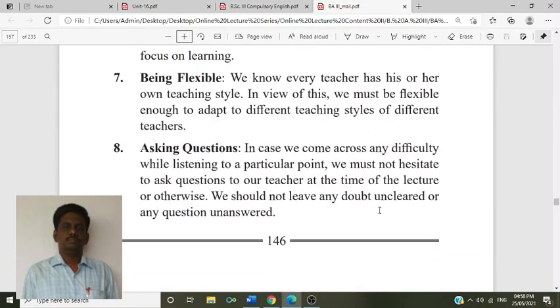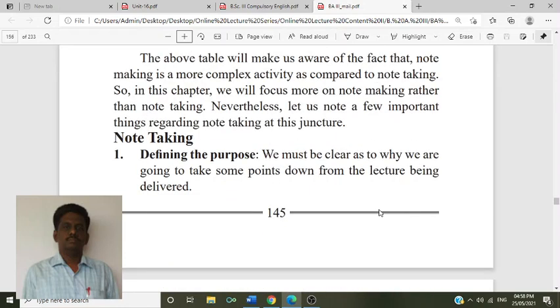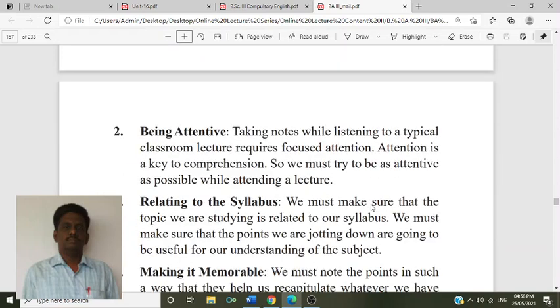All these points are important that we have learned in the last session and in this session. First, defining the purpose: we should define the purpose of note taking. Being attentive: as we listen and take notes, we should be attentive to the speaker and sincere as a listener. It is a very important skill in note taking.